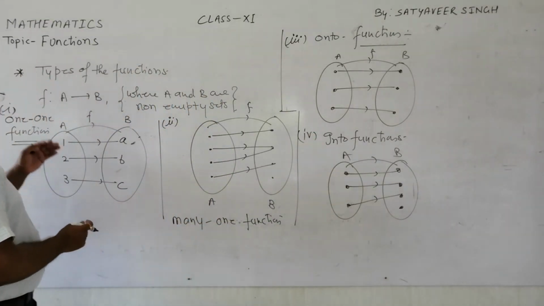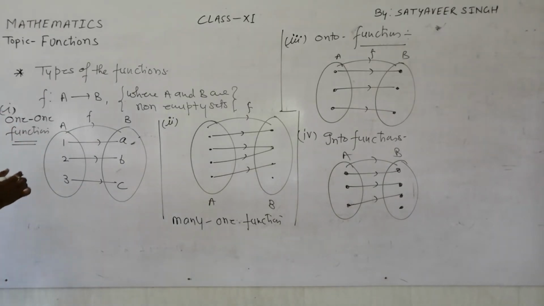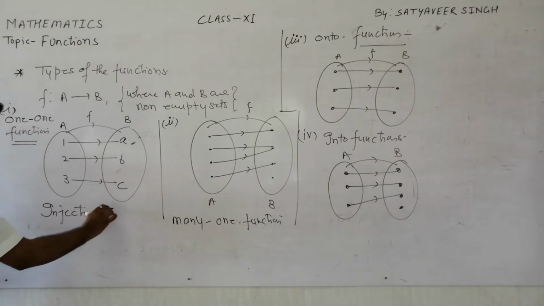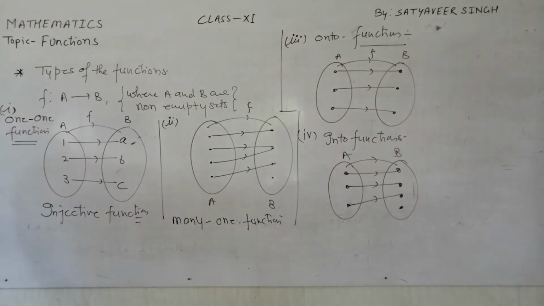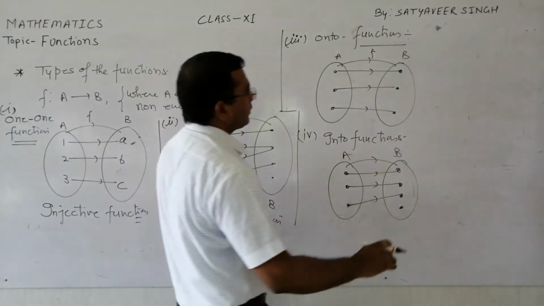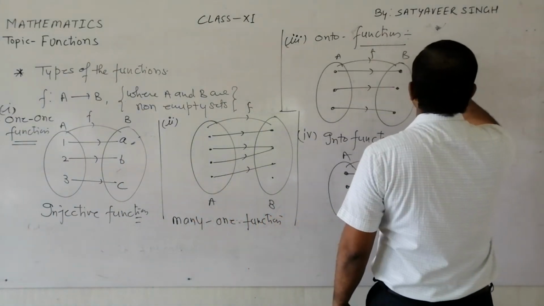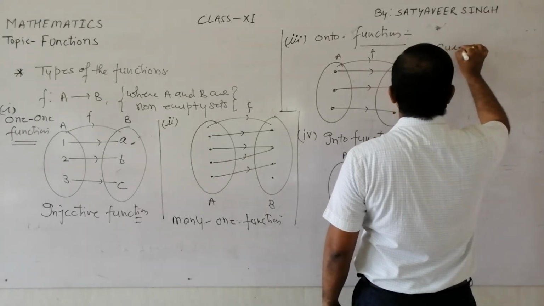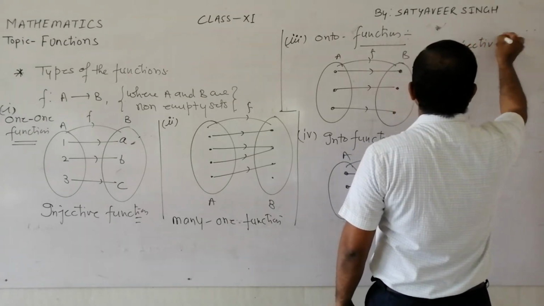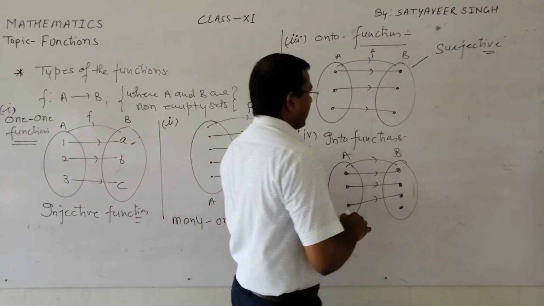See student, one-one function is also called injective function, and onto function is also called surjective function.